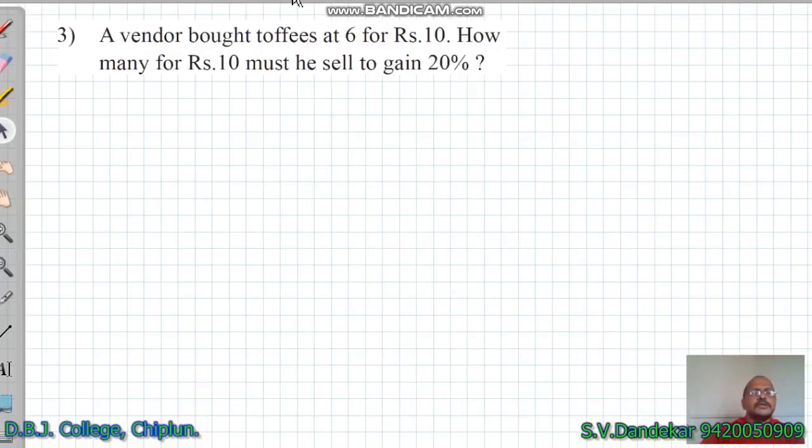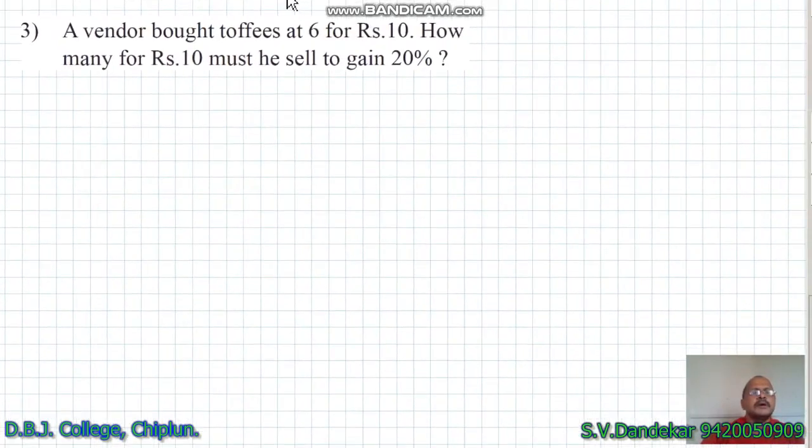The third question is, a vendor bought toffees at 6 for rupees 10. How many for rupees 10 must he sell to gain 20%?